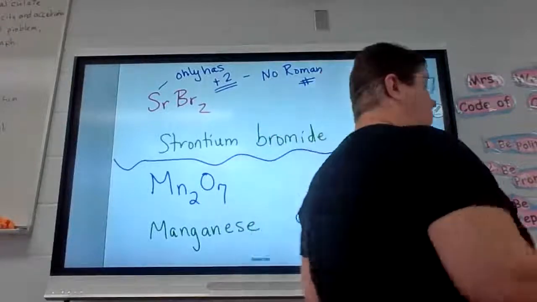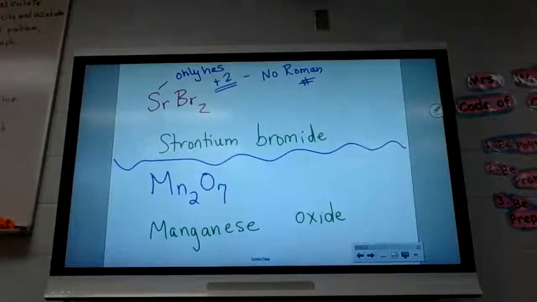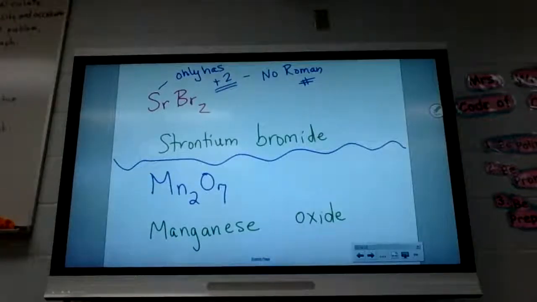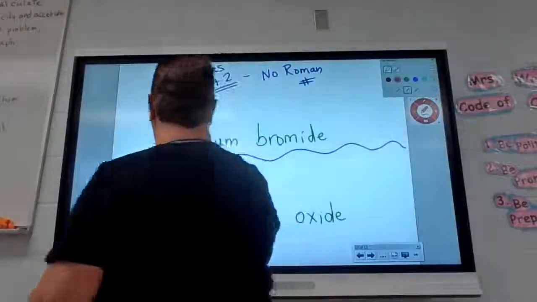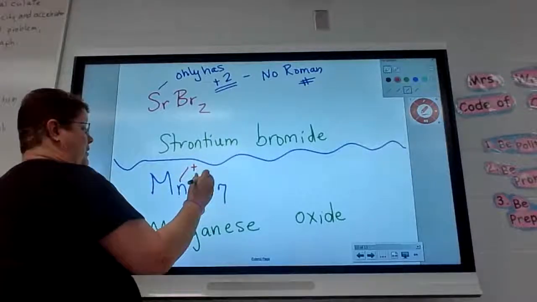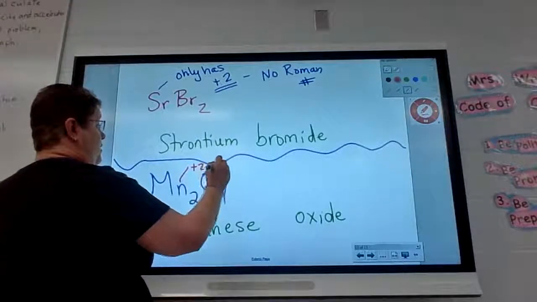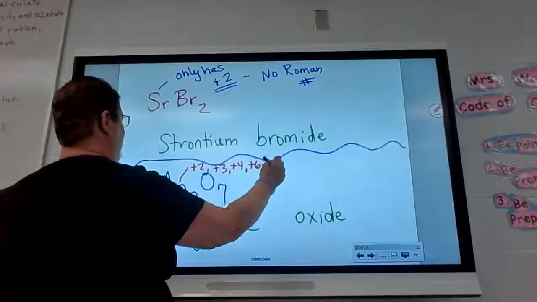Now, you look up which element? Manganese. And when you look up manganese, how many numbers are listed for manganese? A lot. Okay, it has plus 2, plus 3, plus 4, plus 6, and plus 7, I think.